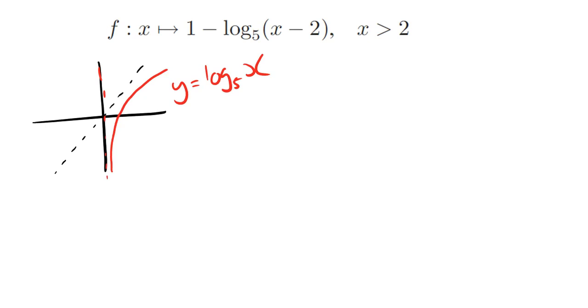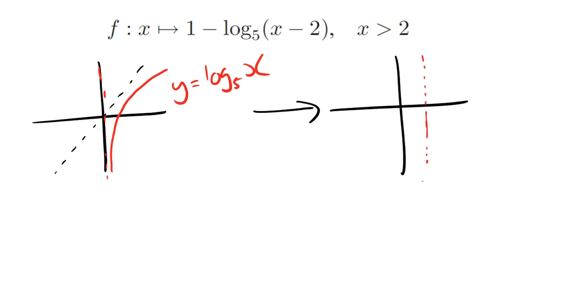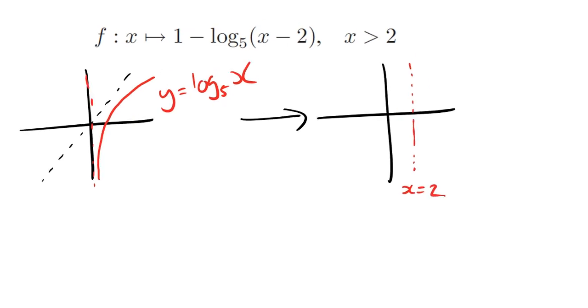So what's going to happen to it now? Well, let's think about it. What happens first to this function that's defined as f? Well, we've got this minus 2. So what is that going to mean for our graph? It means that rather than our asymptote being at x equals 0, we're going to be shifted to the right. Our asymptote is there at x is equal to 2.